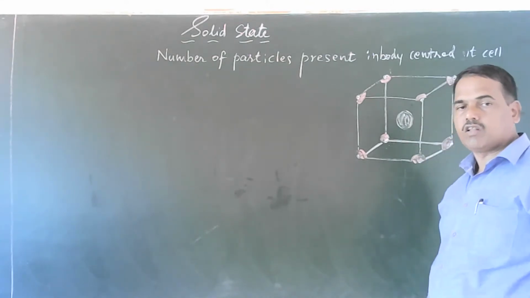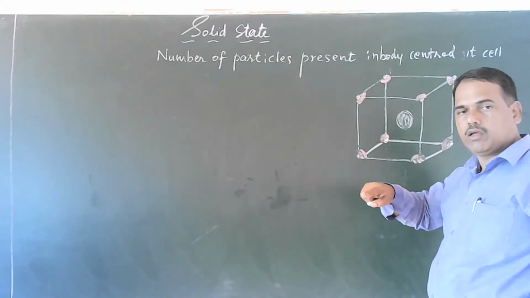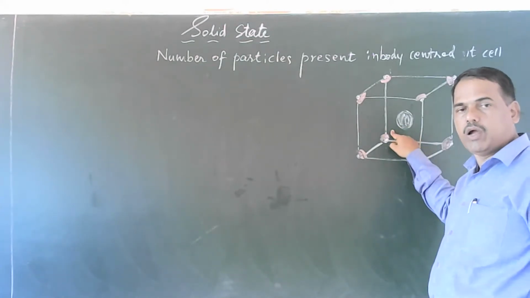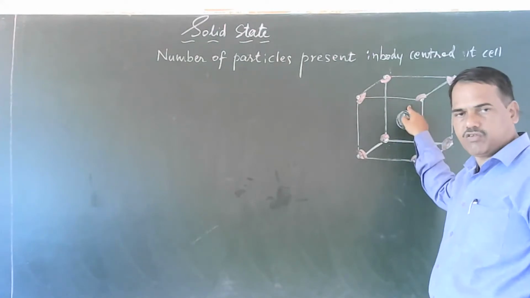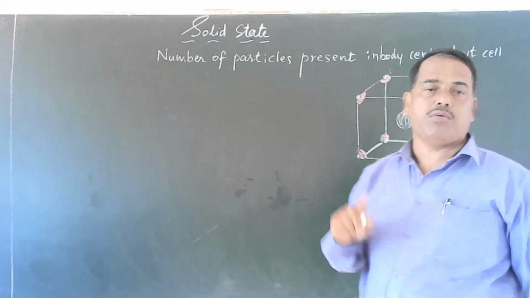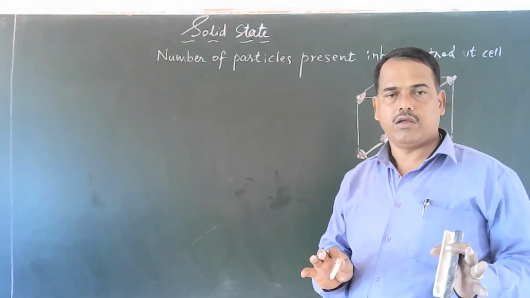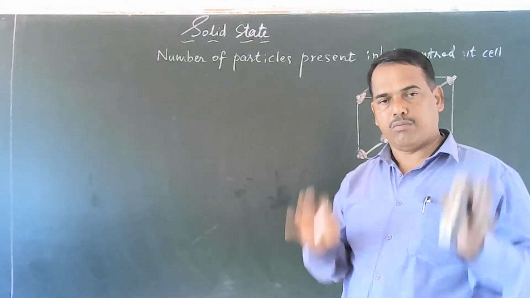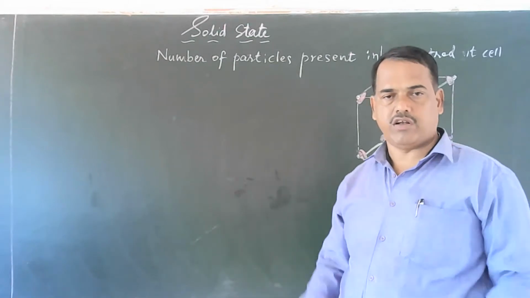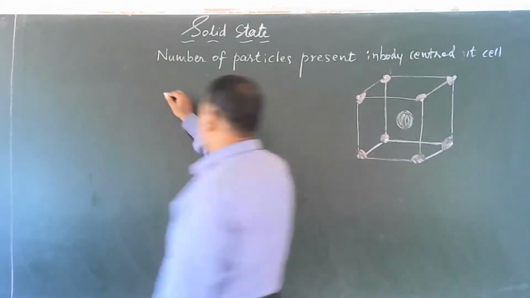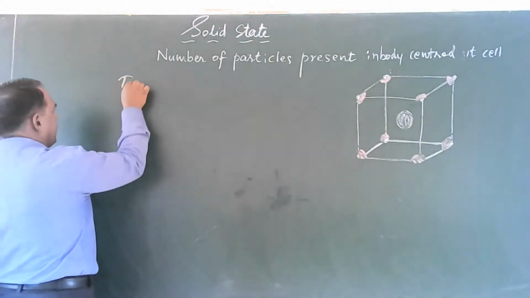Body center is nothing but one particle at the center of the body and the corner particles. What is the total contribution of the corner particles? It is nothing but 8 into 1 by 8, in body center, simple, and also in face center.